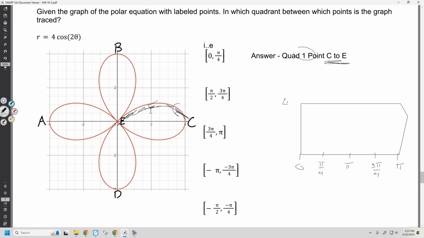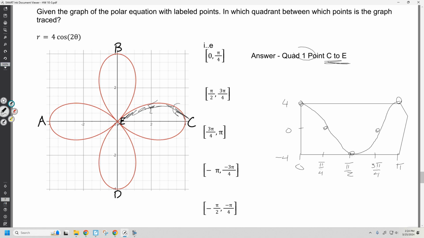Going up to 4, hitting a midline, going down to negative 4. Positive 4, midline, negative 4, midline, positive 4. This is pi over 2. Okay? You can answer this.